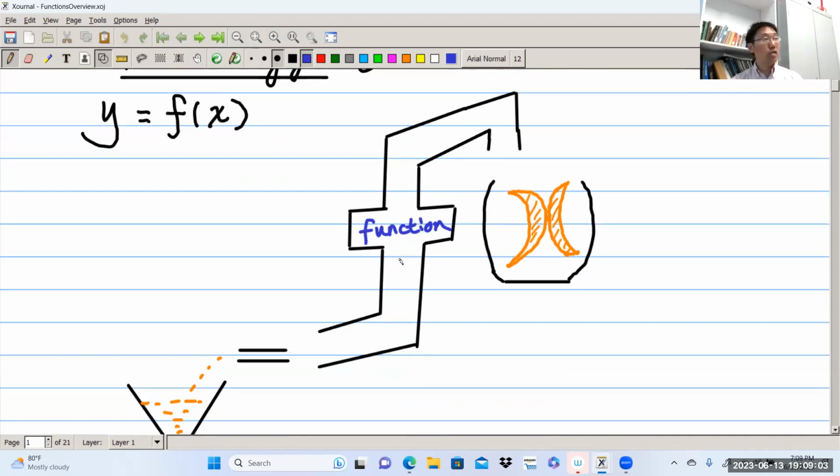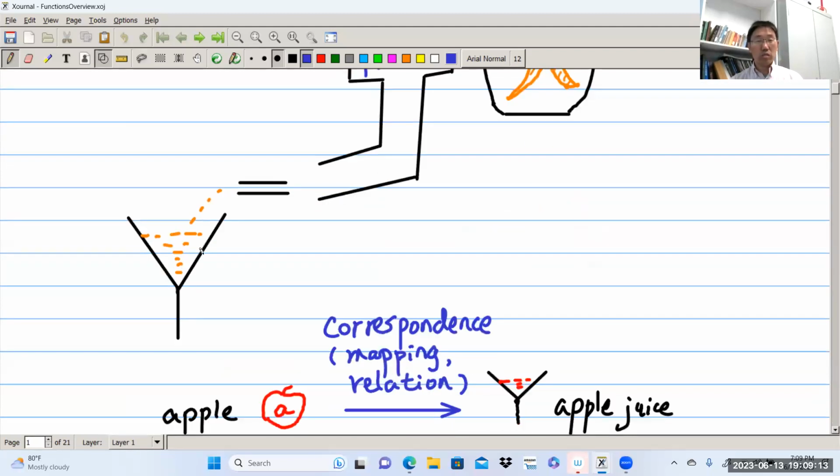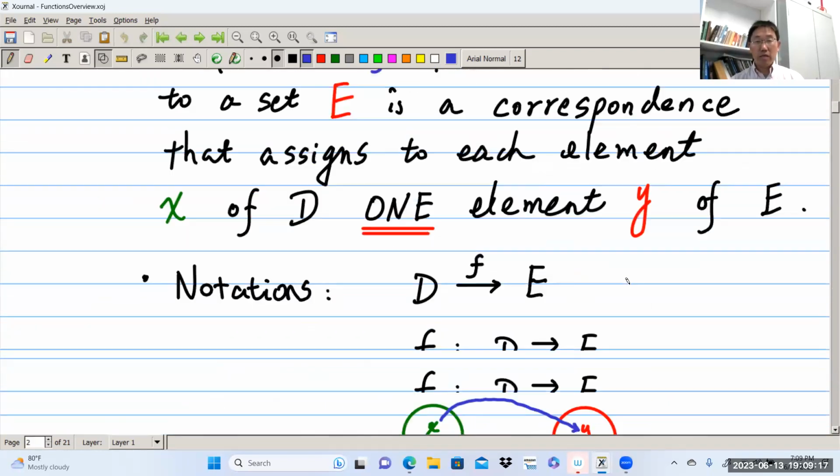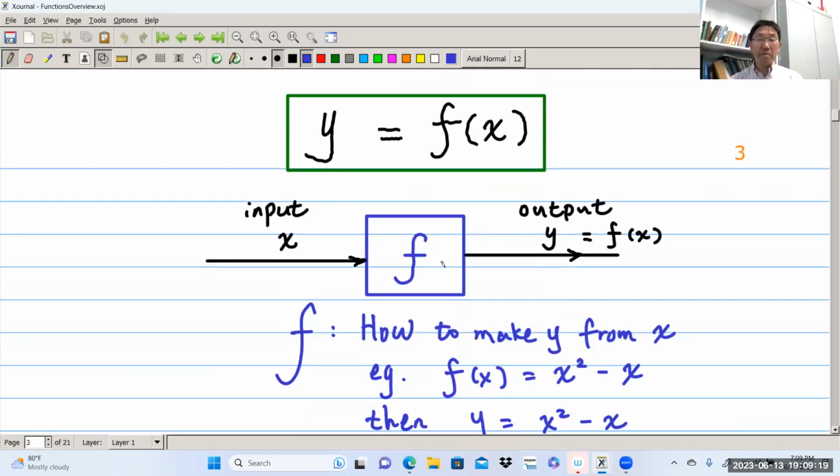We call it a juice machine. Fruits are the inputs for this machine, and the juices are the outputs. Similarly, a function is a number machine, and in this case we name this machine f. You can name it g, you can name it h, you can use other symbols if you want.